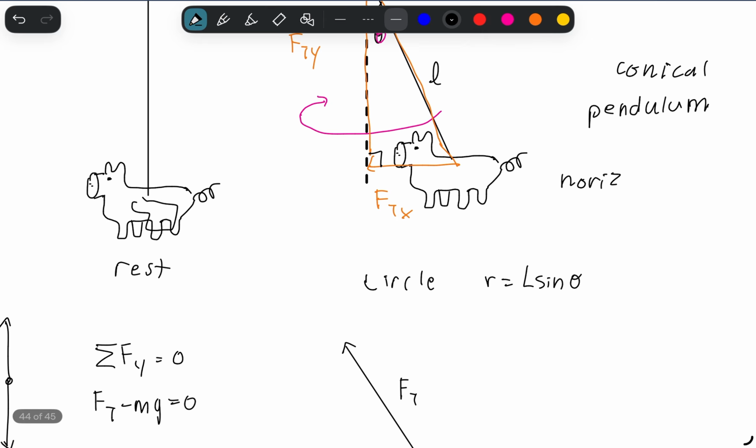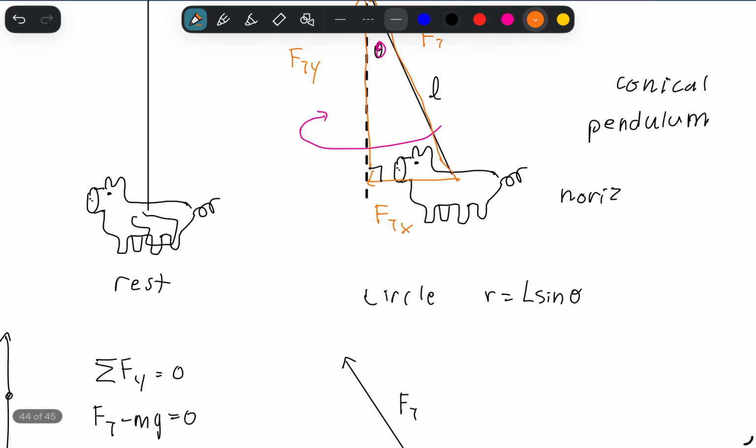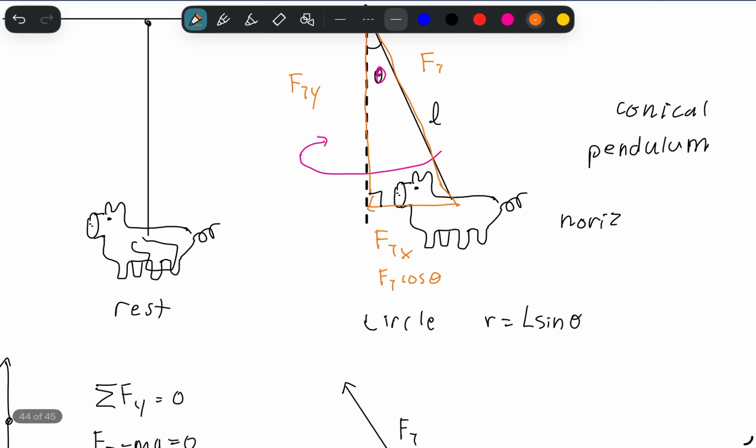If we resolve it into components, we can see Fty is going to be Ft cosine of theta. This is the adjacent side, and this is the hypotenuse. And then for Ftx, this is our opposite side, and that's our hypotenuse. So sine relates to it, Ftx is Ft sine of theta.